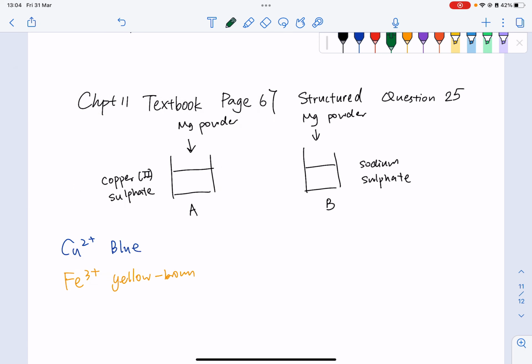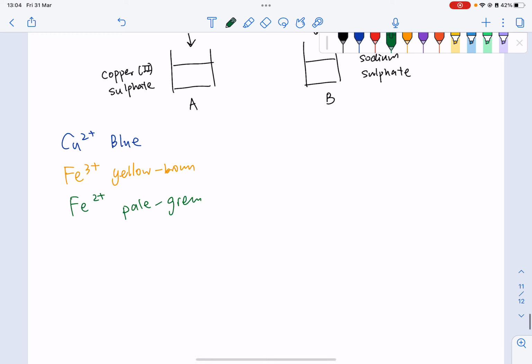For the iron 2 plus, this one will be pale green. And then the other two would be permanganate ion, the color will be purple, and dichromate will be orange.